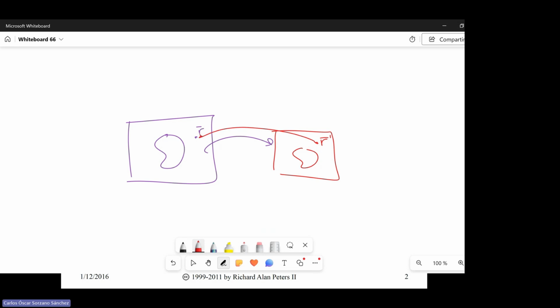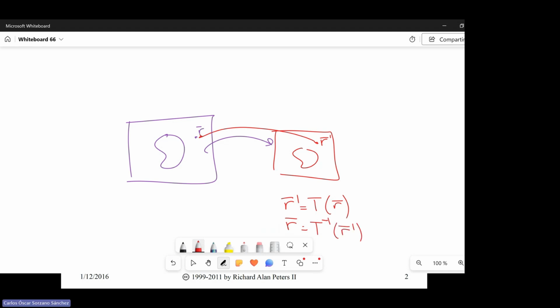So what you need is a transformation. Say R prime is a transformation of R, and then R is the inverse of that transformation applied to R prime.